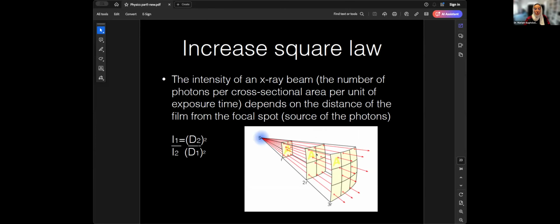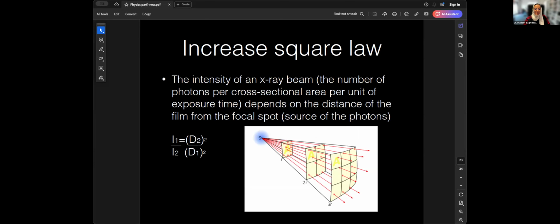Now, inverse square law is a law that you'll read about in books, which is the intensity of the X-ray beam, which is intensity. دائما لما تسمعوا كلمة intensity معناتها the number of photons. إنزين؟ In number, not the energy, number.